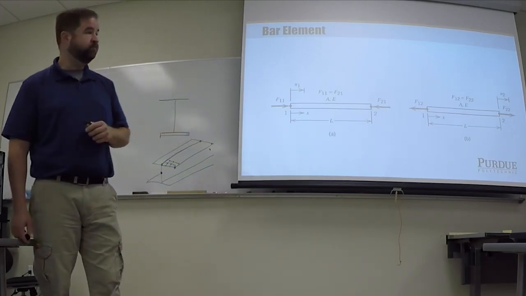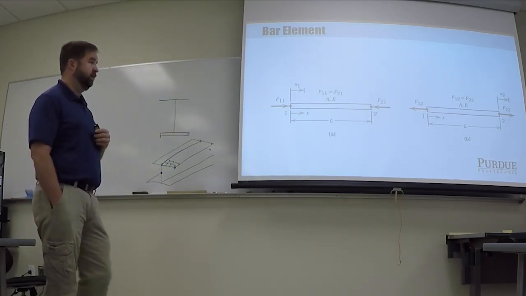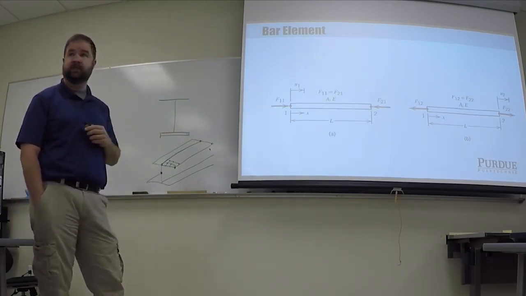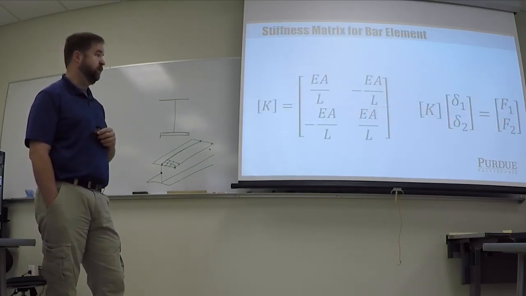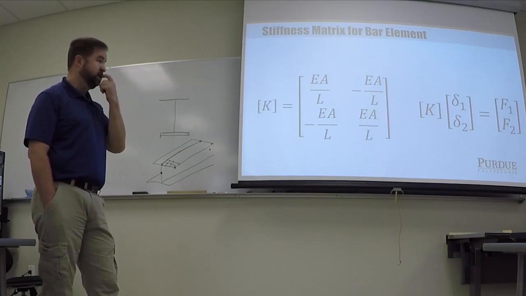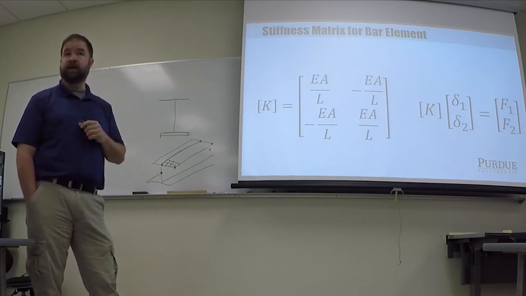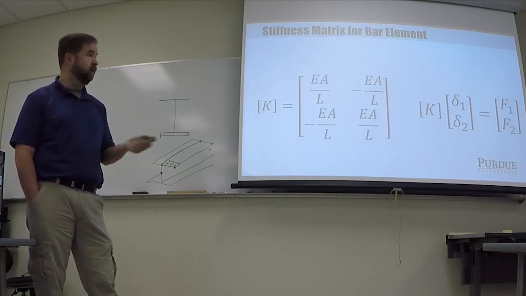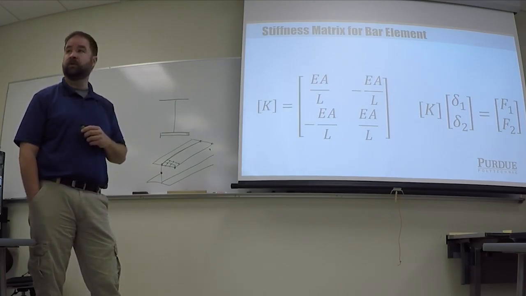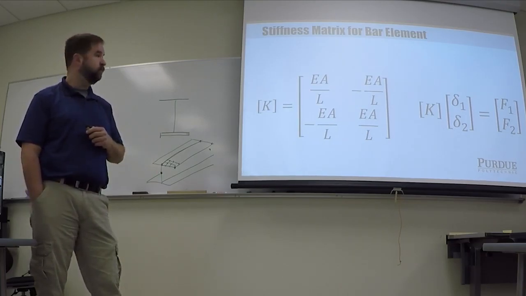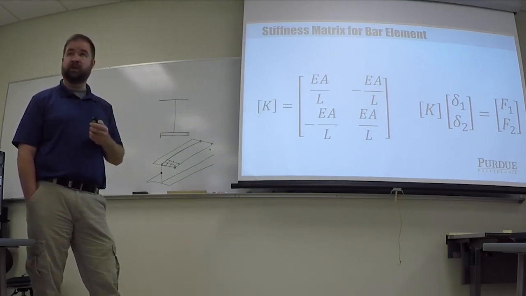So each element has 2 degrees of freedom. So we have stiffness matrices that are 2 by 2, corresponding to the degrees of freedom, and we went all over all this on Tuesday.